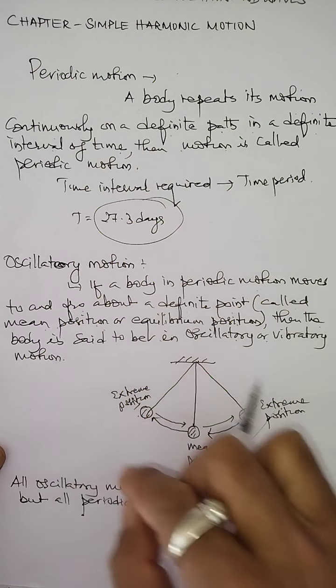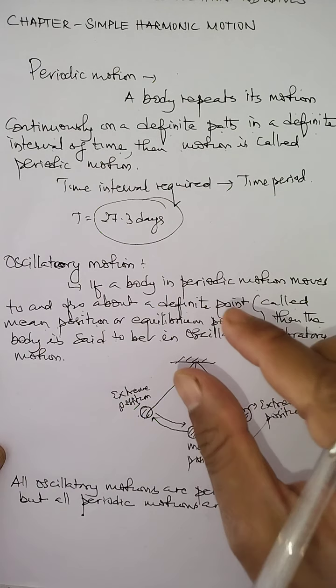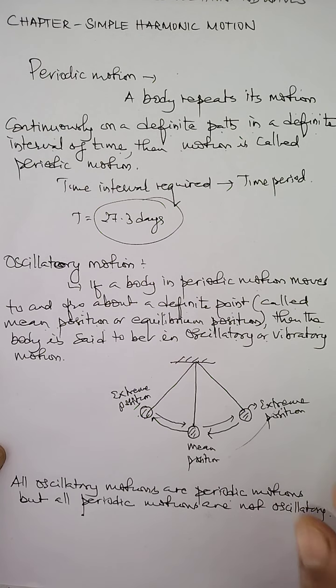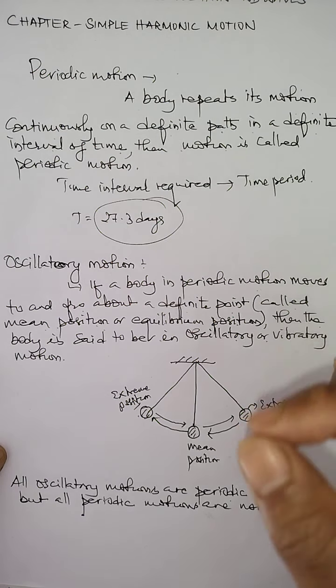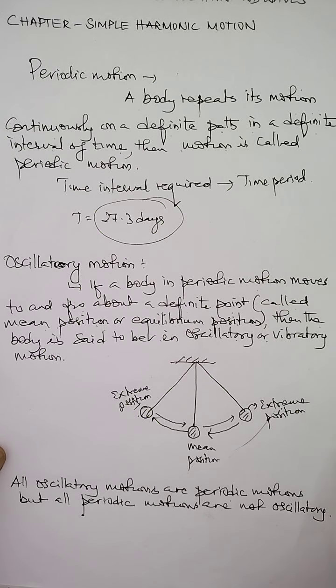The revolution of the earth around the sun, as you know, is a periodic motion, but you cannot call that an oscillatory motion. The earth does not have to and fro motion when it revolves around the sun. Although that motion is a periodic motion, we cannot call the motion of the earth revolving around the sun an oscillatory motion. That's why all oscillatory motions are periodic motions, but all periodic motions are not oscillatory.